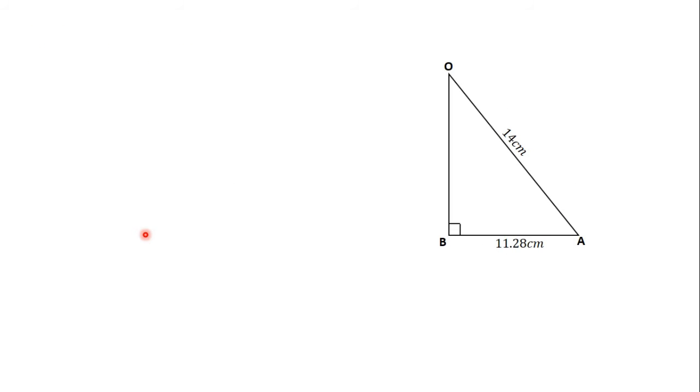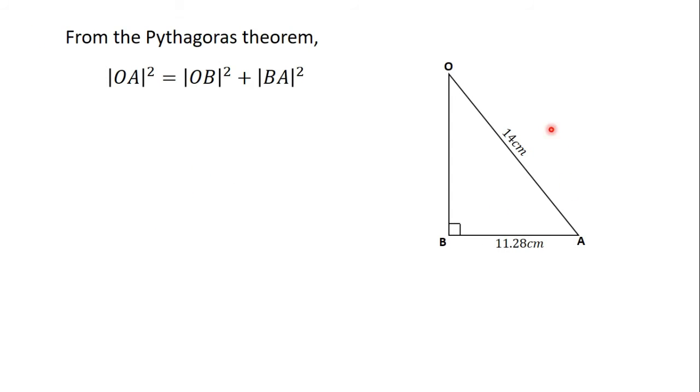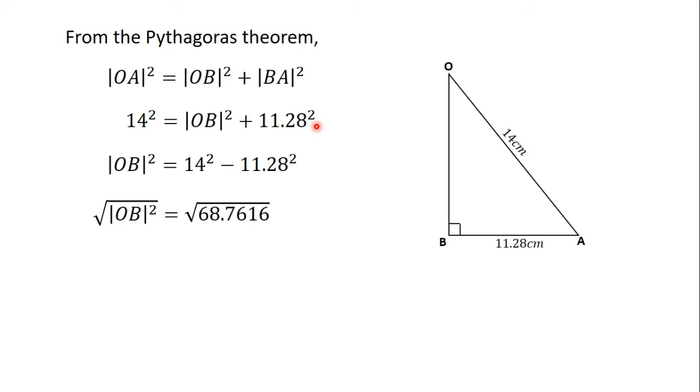We are going to apply the Pythagoras theorem. If we apply the Pythagoras theorem here, we will have OA squared is equal to OB squared plus BA squared. And this will give us 14 squared is equal to OB squared plus 11.28 squared. We simplify this and OB is equal to 8.29 centimeters.